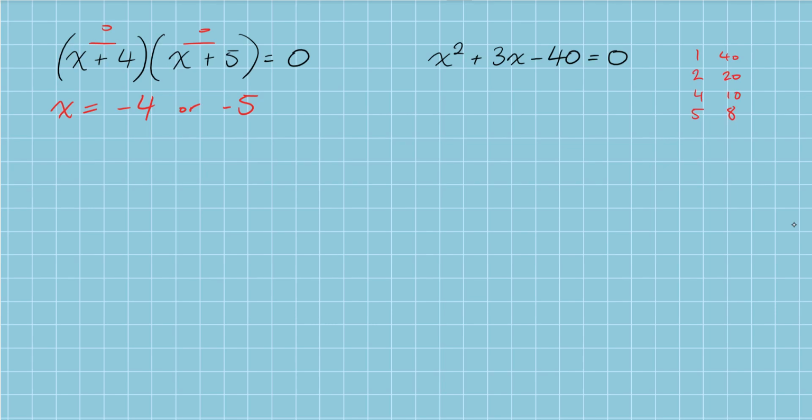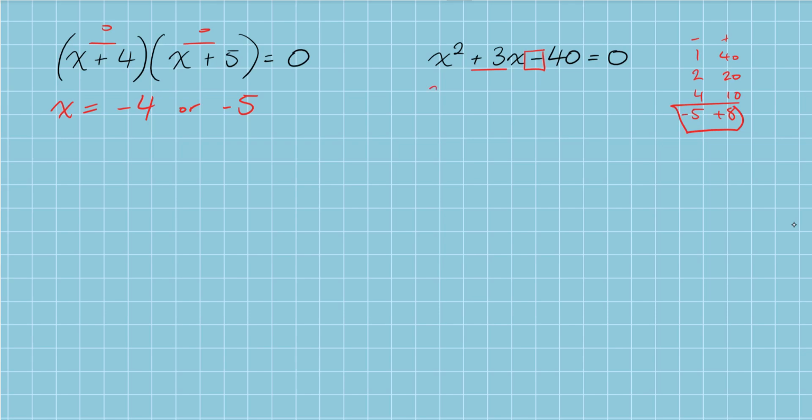Okay, what have I got in terms of my operations? I've got a minus 40, which means one's going to be positive, one's going to be negative. The b value is positive, which means the bigger one's going to be positive, and the smaller one's going to be negative, which means these are my guys right here, positive 8 and minus 5.